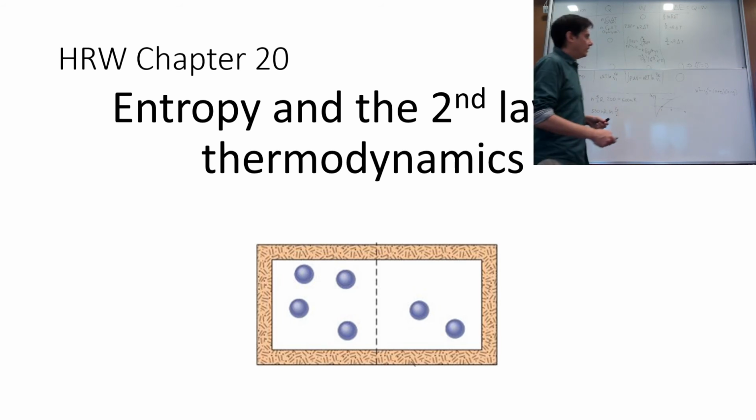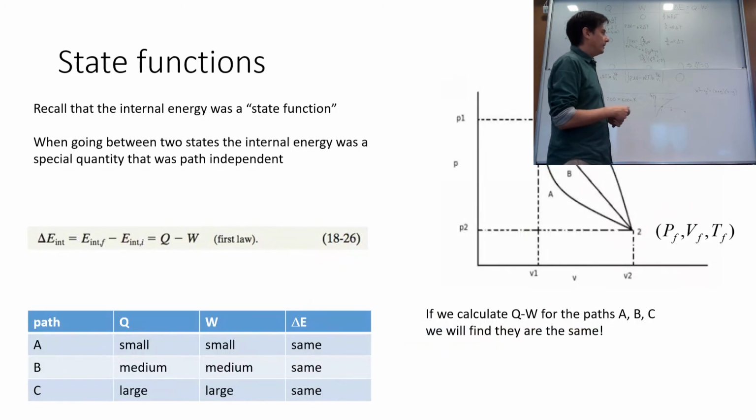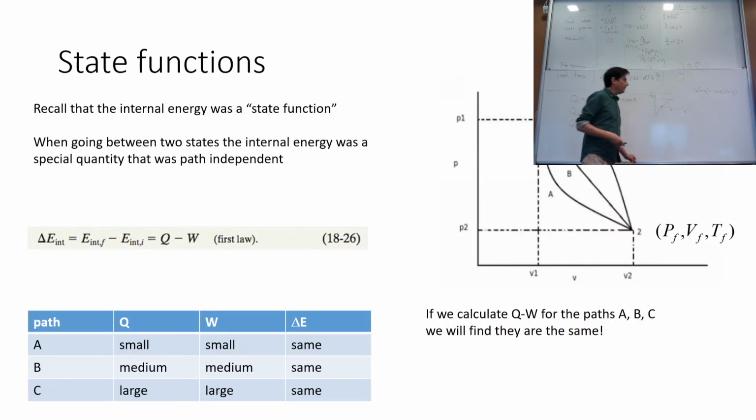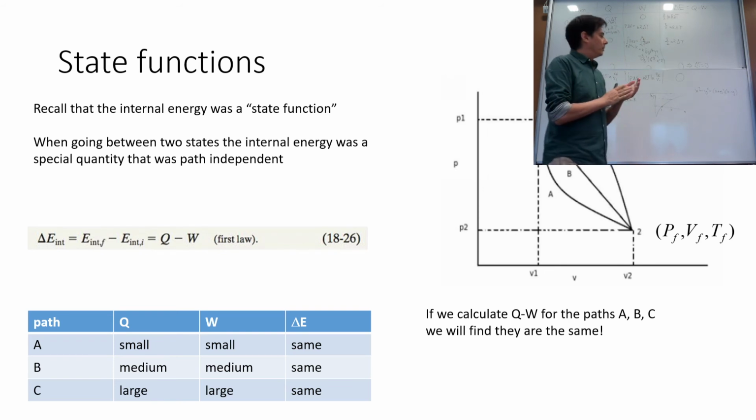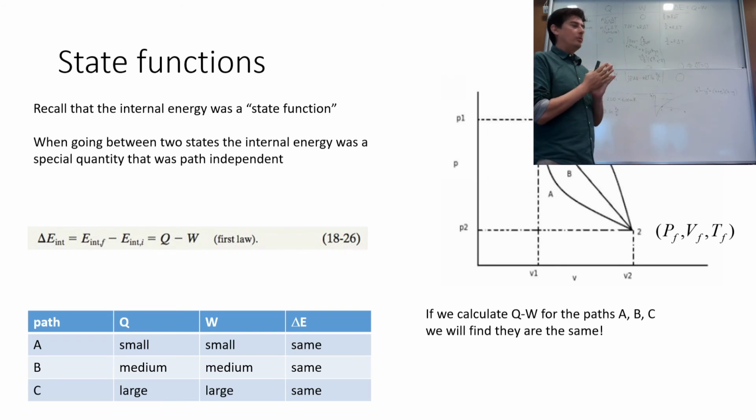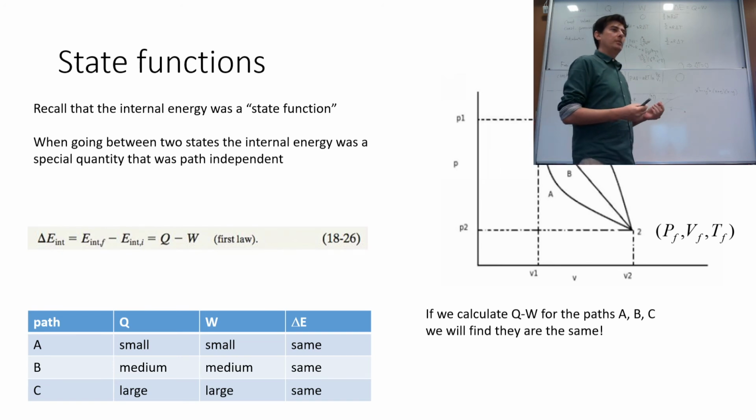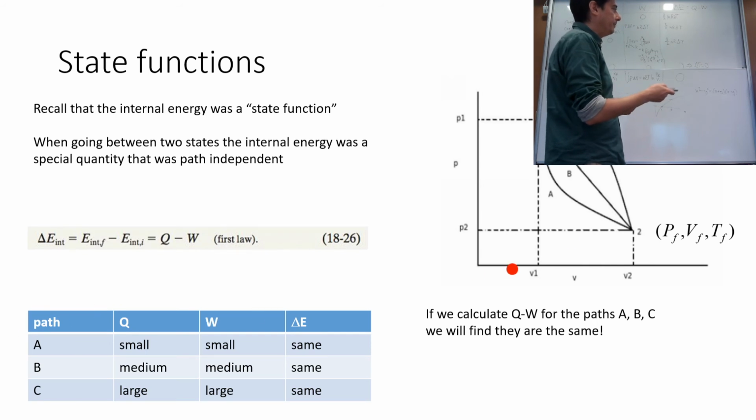So, okay. Let me start here. In the first law, what we saw was that there was a particular quantity, Q minus W, which was independent of the path, right?